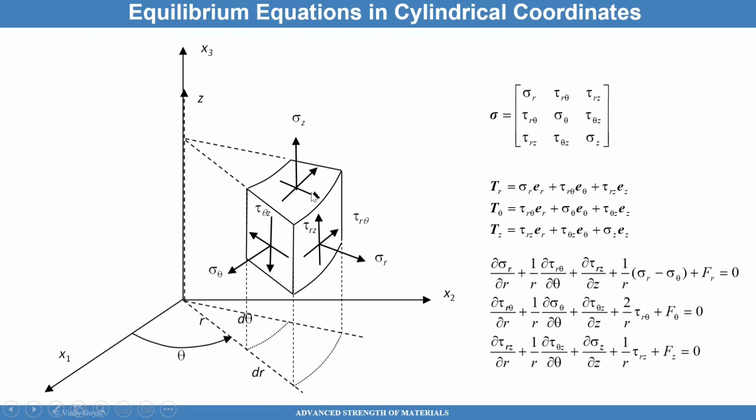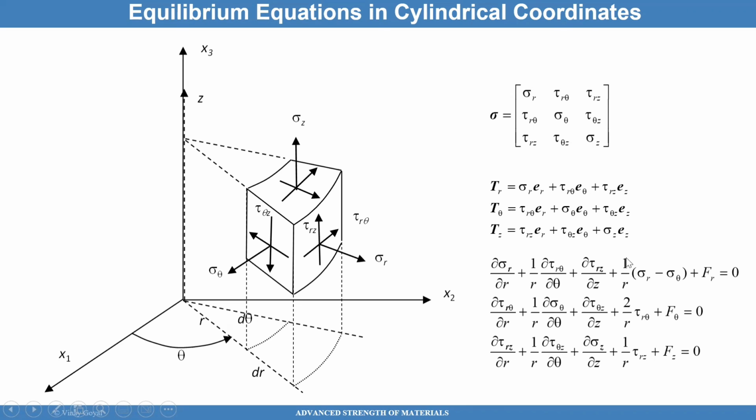The stress components are defined very similar to before, where sigma r is perpendicular to this surface, a normal to that surface. Makes sense, it is the r face in the r direction, radially out. The other components of stress are tangential, and those are shear stresses. Sigma theta theta here is acting on the theta face in the theta direction, and so forth with the other components.